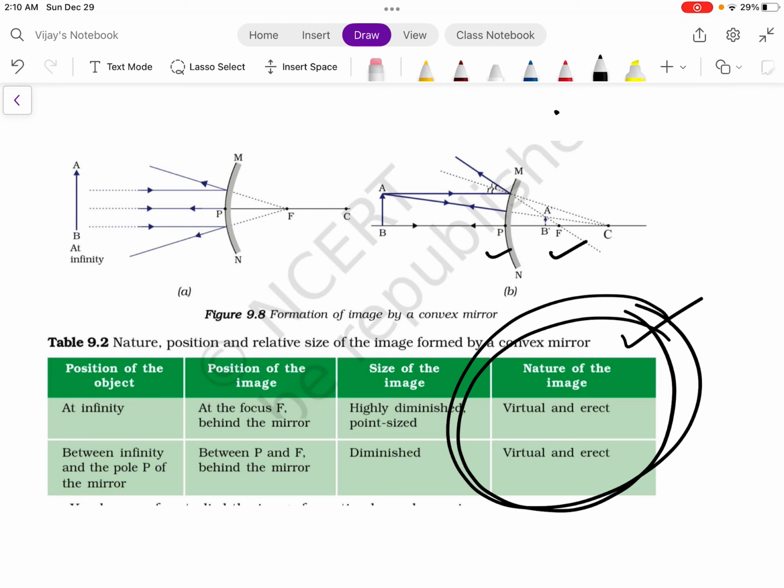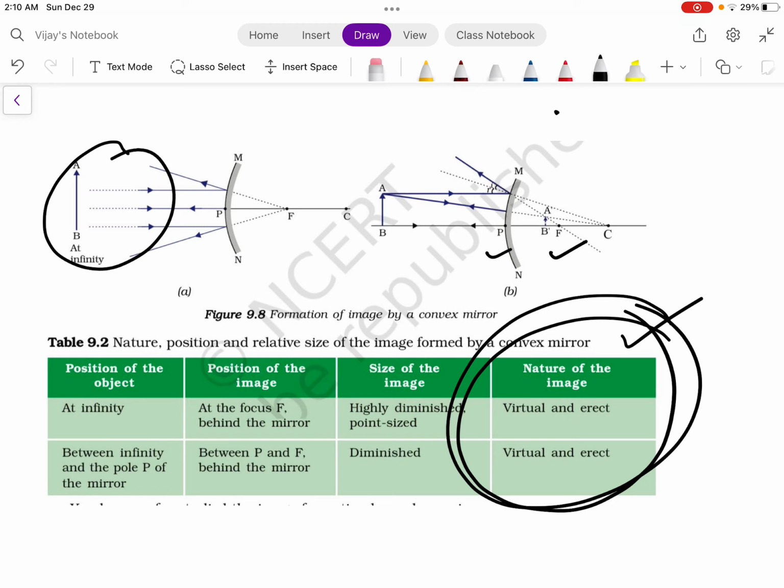So this has its own advantages. But remember, in this convex mirror, the images are virtual and erect. And if a parallel beam falls on this convex mirror, the light rays diverge. So that's where the name comes from. It is a diverging mirror.